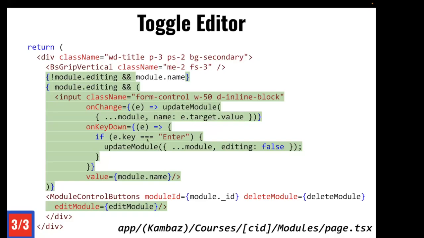But if it is enter, then we call the update one last time. We keep the latest values of the module, but we override editing to be false. So we stop the editing, this becomes false, and we just show the name of the module, and the input field is hidden.